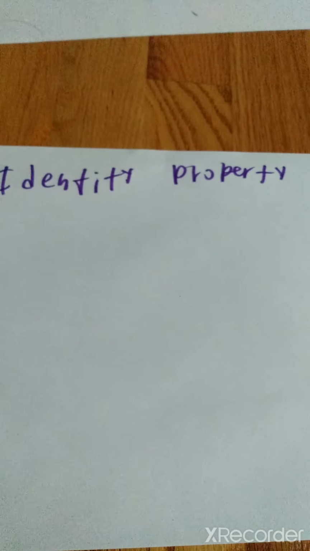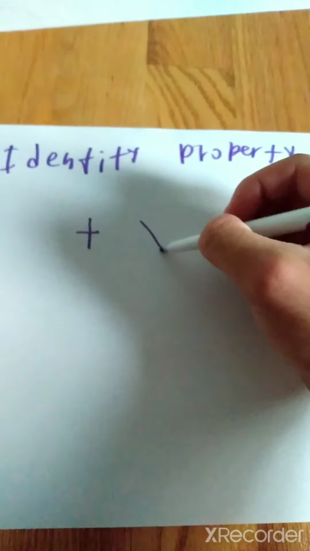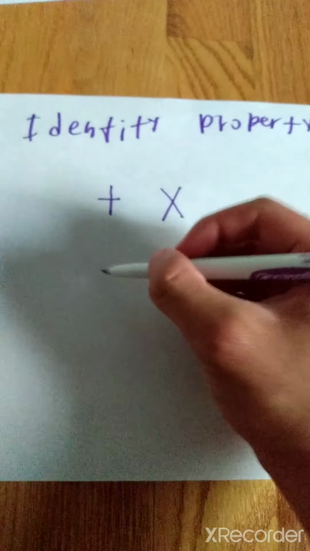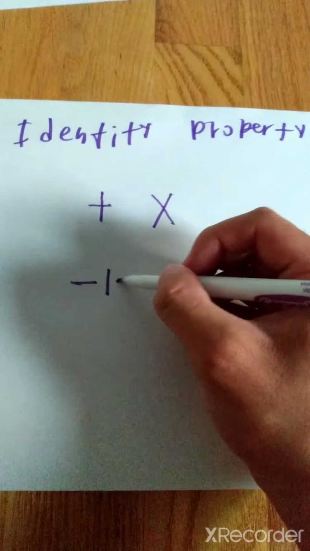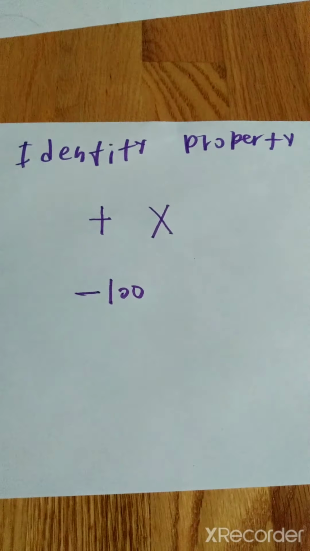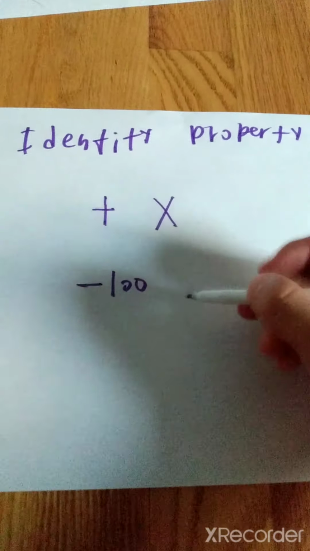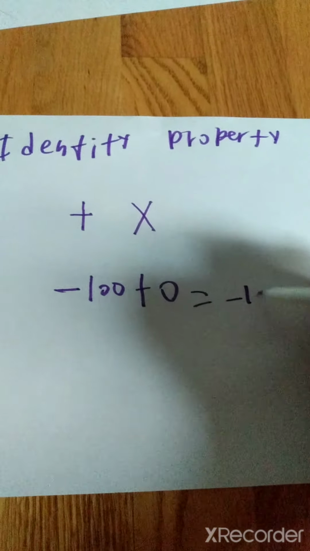This is the last thing we're going to be doing, and it is the identity property. So when we add and multiply, if you want to have a number stay the same, like negative 100, and your teacher tells you to write an equation, but it has to be negative 100, what you can do is add 0 to make it stay the same.